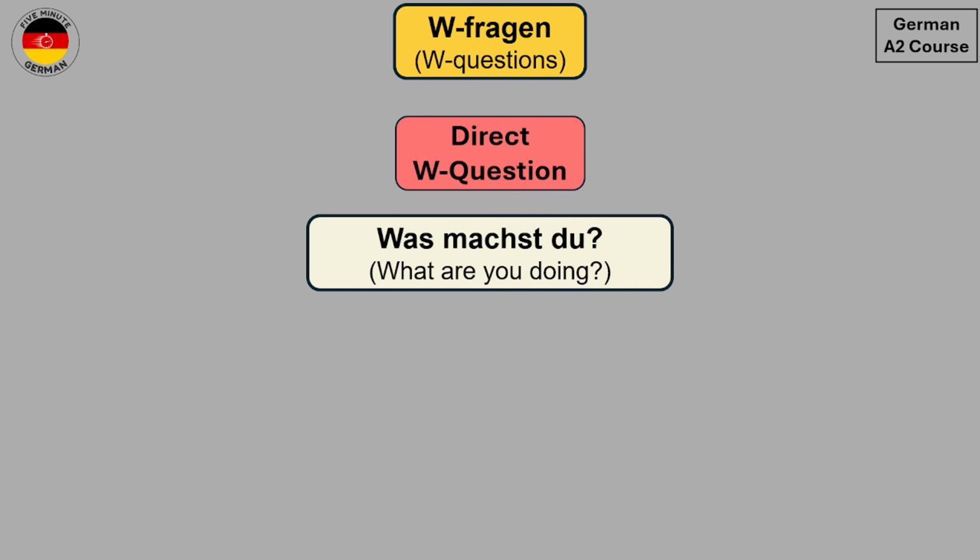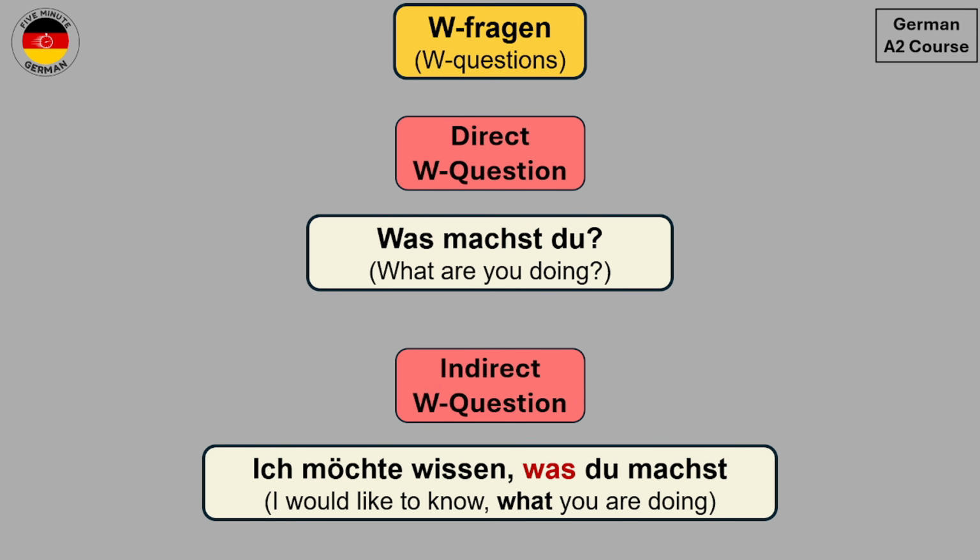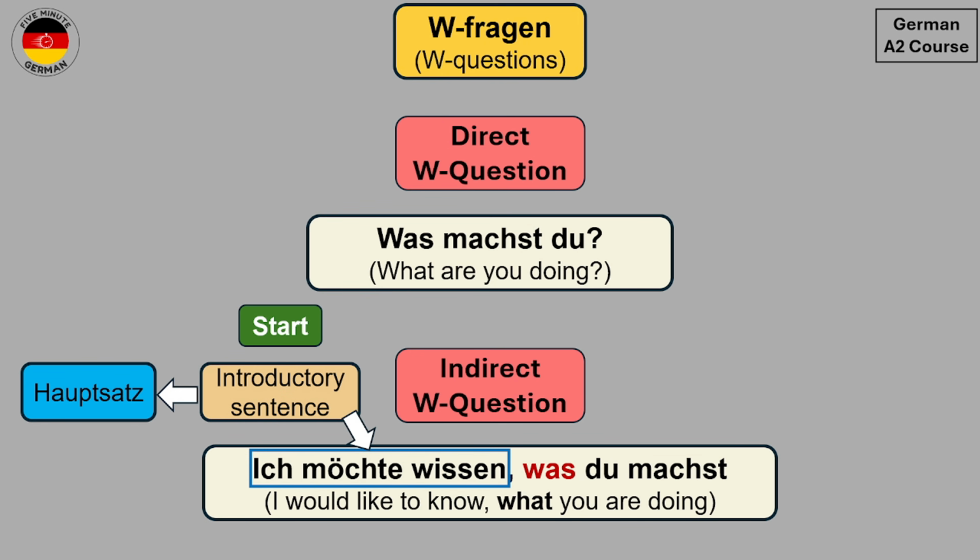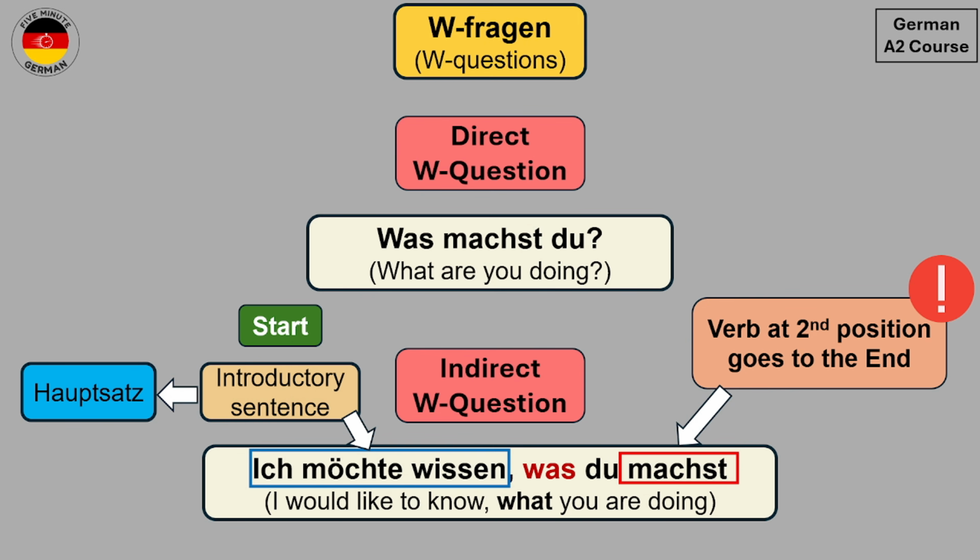Now I can ask the same question in an indirect way by saying Ich möchte wissen, was du machst. I would like to know what you are doing. Now you see, in this case, we have again used an introductory sentence at the start, which is Ich möchte wissen, and when the W word is used as a connector, then the verb at second position goes to the end, similar to the other connectors that we saw earlier.